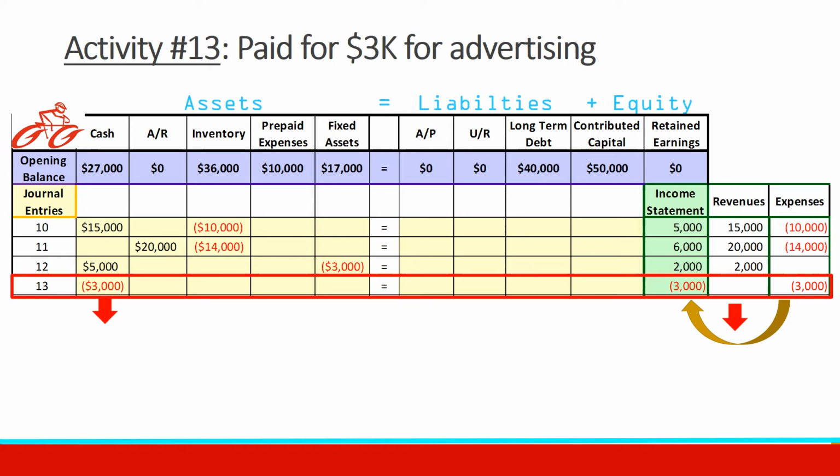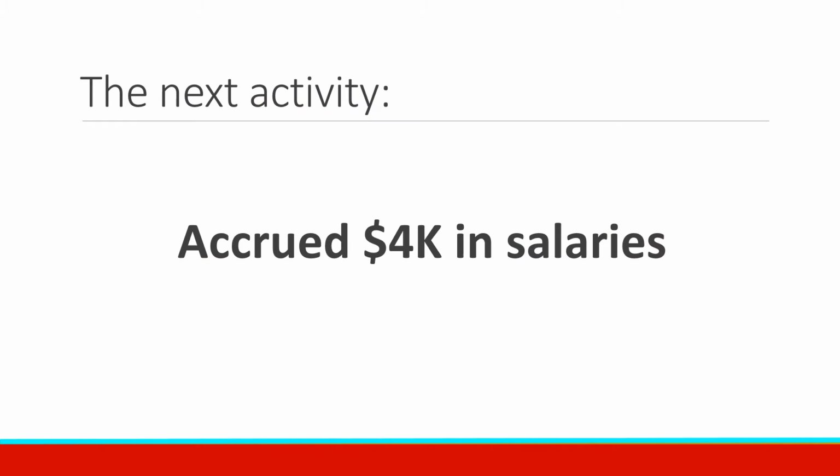In other words, it's providing a benefit for the current time period. And so that $3,000 will appear in expenses today, and at the end of the month, it'll get closed into the income statement.